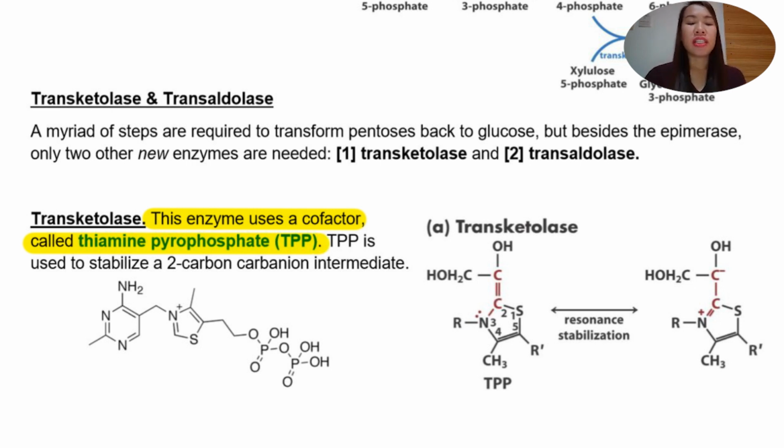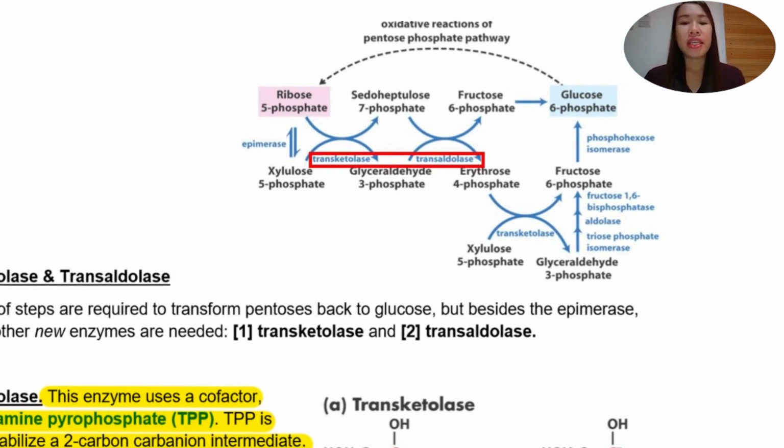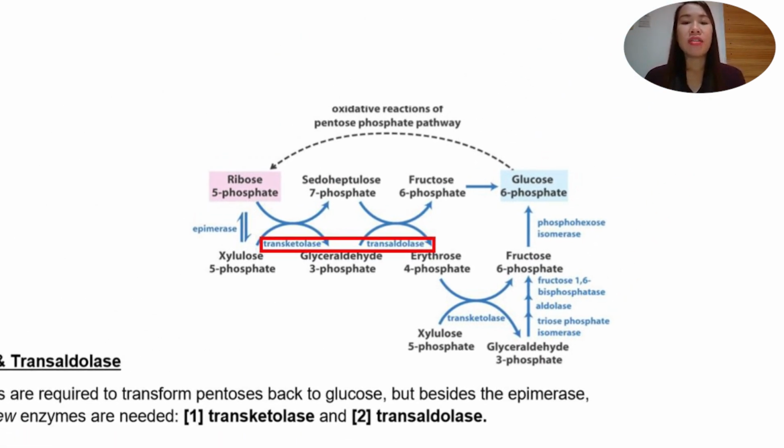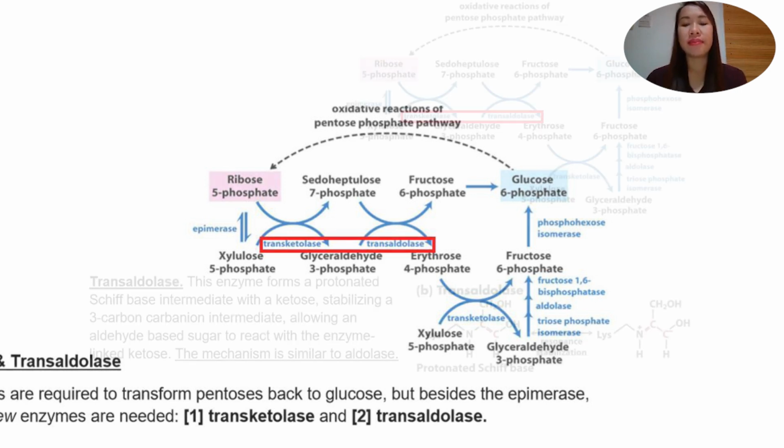Here it is used to stabilize a 2-carbon carbanion intermediate. So we can see here from xylulose 5-phosphate, after epimerization, it will be converted into glyceraldehyde 3-phosphate. As we have mentioned, this is an intermediate of glycolysis.